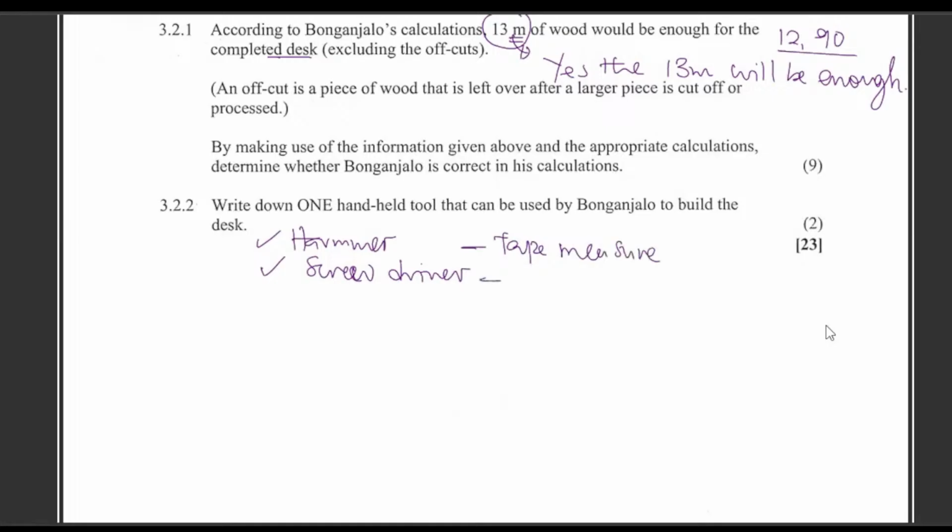Someone else could have said a ruler. We have those long rulers used for carpentry and welding, those metallic ones. Any other tool? A drill, handheld. Yes, handheld tools. So drills, okay.